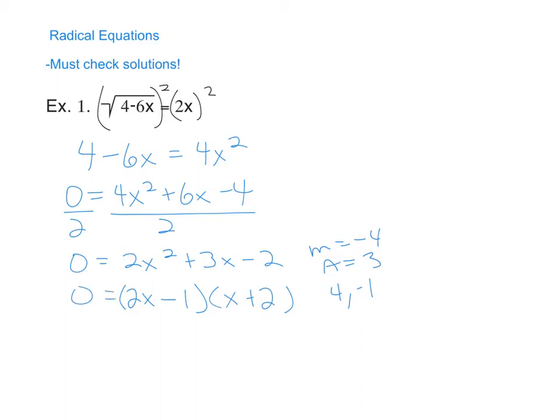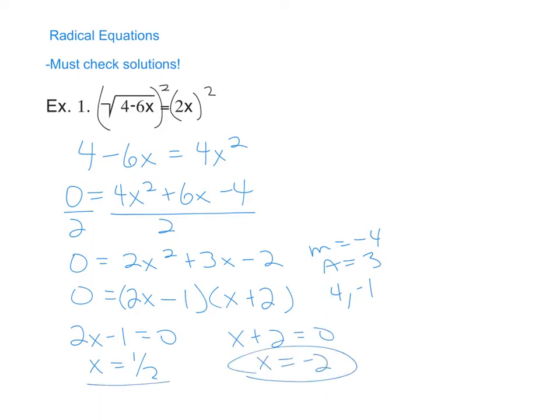Using my zero product property, I get x equals 1/2 and x equals negative 2 as my two solutions. So that's what I come up with for my solutions. If I stop there, I am not going to be 100% correct, because watch what happens when I check this one.